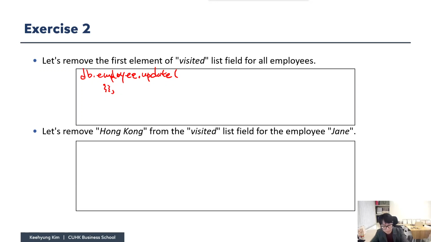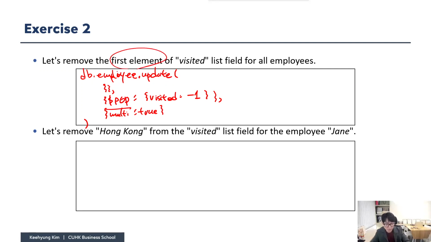So select every document, use the pop operator with the visited field and -1 to remove the first element from the visited field list, and then close it like this. And then the multi option should be true because I want to do that for everyone across multiple documents. So that's it. We can use the pop operator to remove the first element from the list.